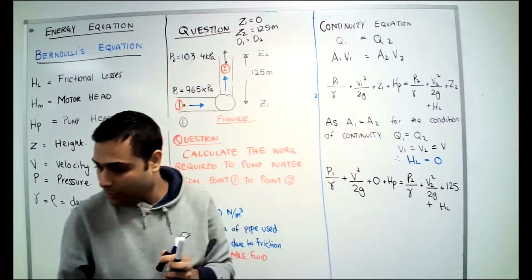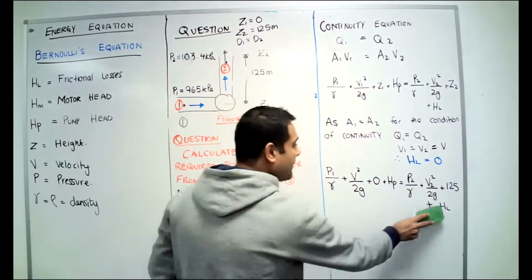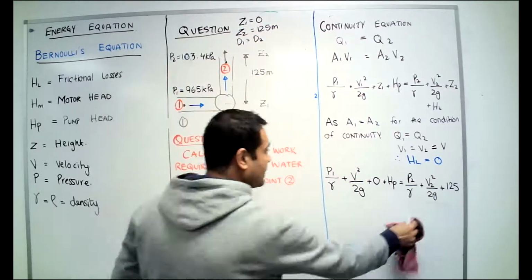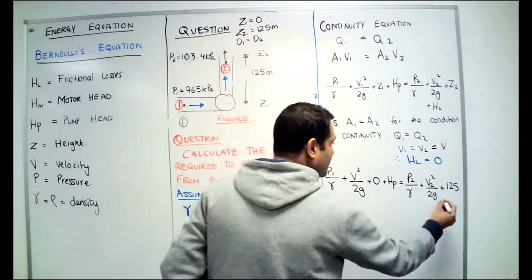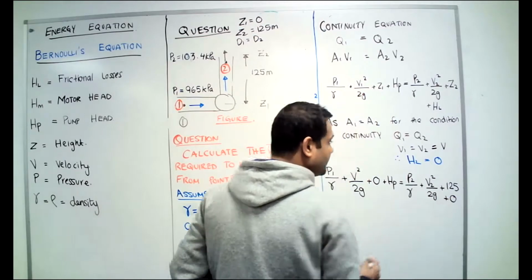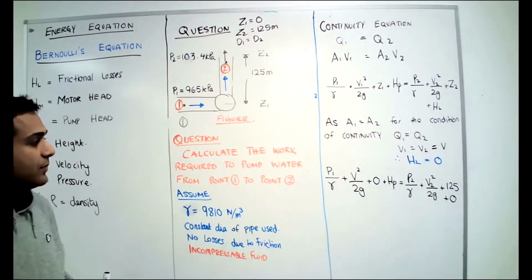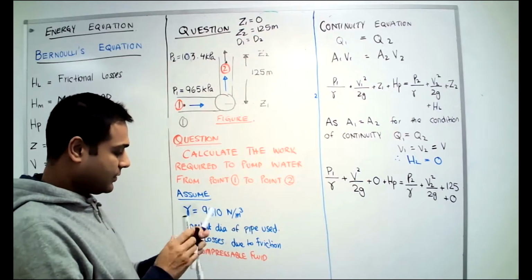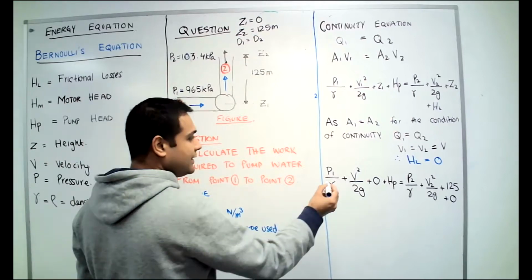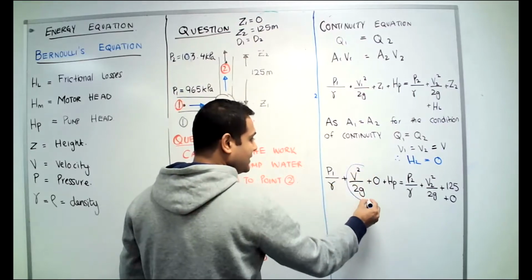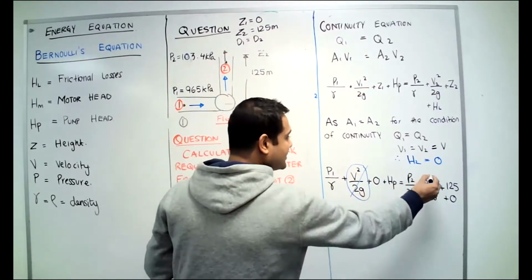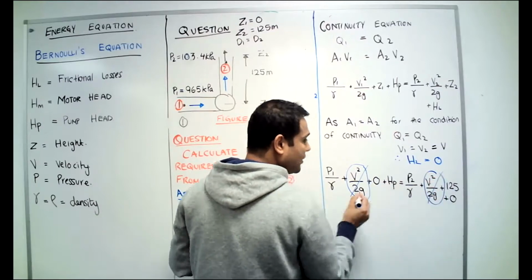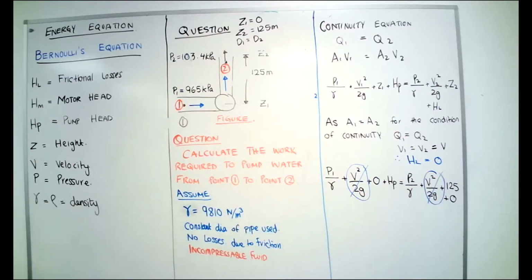HL, we said it's a 0. So now I can simplify the equation a lot more because this thing is same on this side and same on this side. So I can cross these two bits.